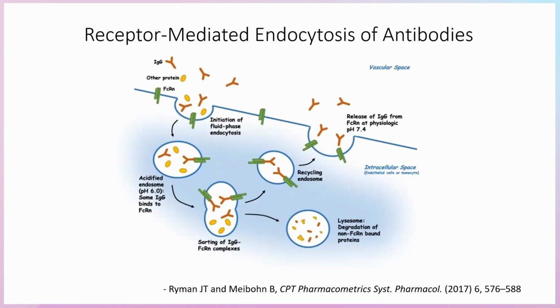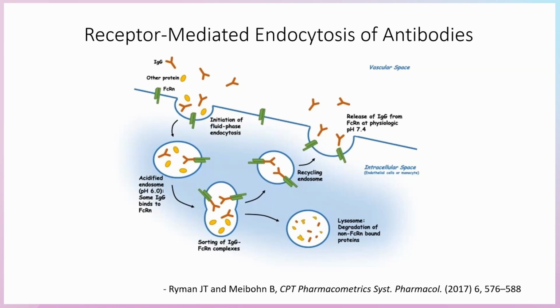Once inside the endosome, the antibody may be broken down into its constituent amino acids for recycling, or it may return to the cell surface and be released to re-enter the circulation or the lymphatic system.